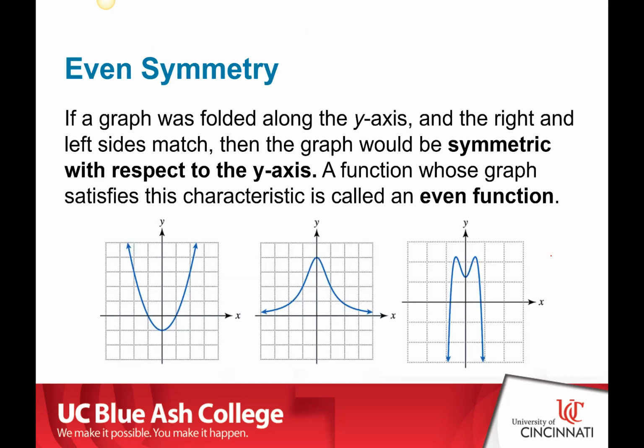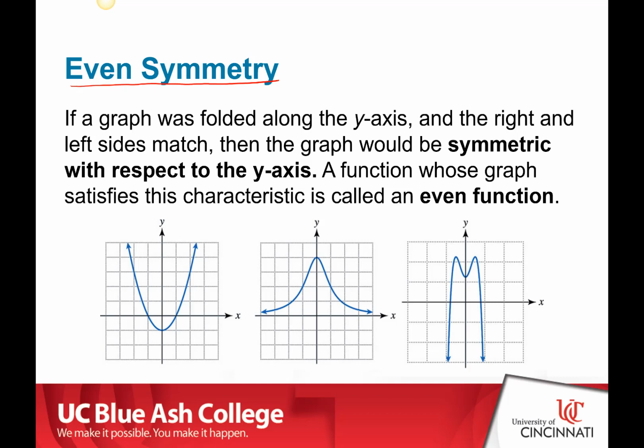Okay. When we're dealing with these various polynomials, there are a couple things we're going to want to understand so we have a better or quicker idea of what the graph is going to look like. You can have functions that are even. Okay. An even function, or even symmetry, means that it is symmetric around the y-axis.